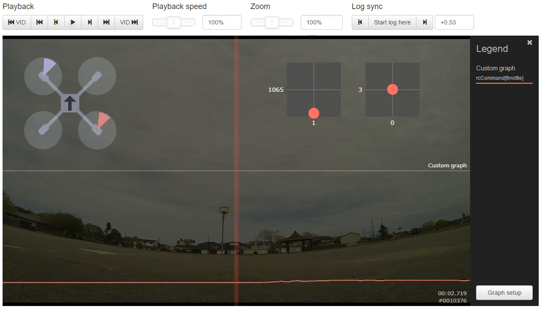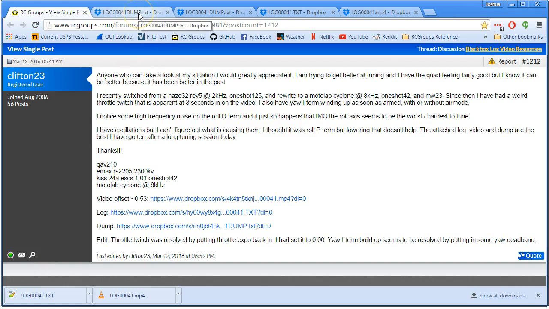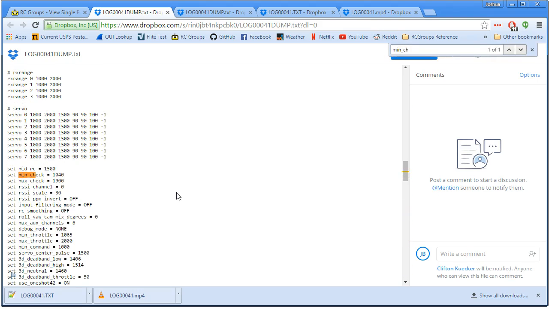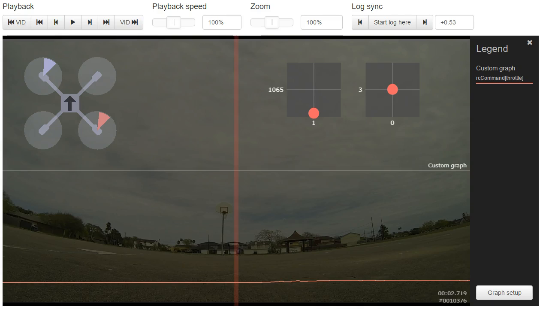1065. Let's take a look at your min check is 1040. That doesn't matter anyway, though. No, sorry. 1065 is your, does it matter? Yeah, no, that does matter. 1065.